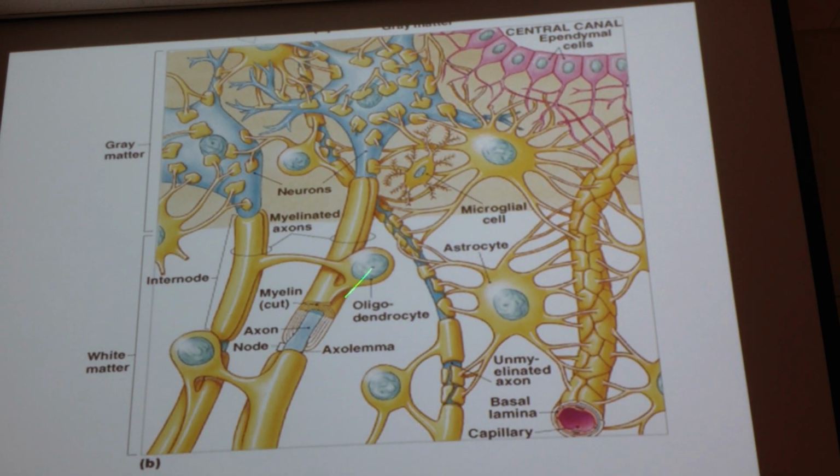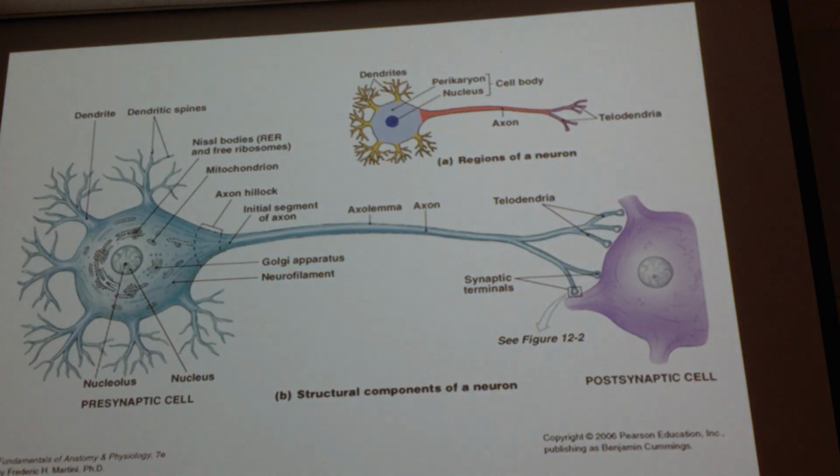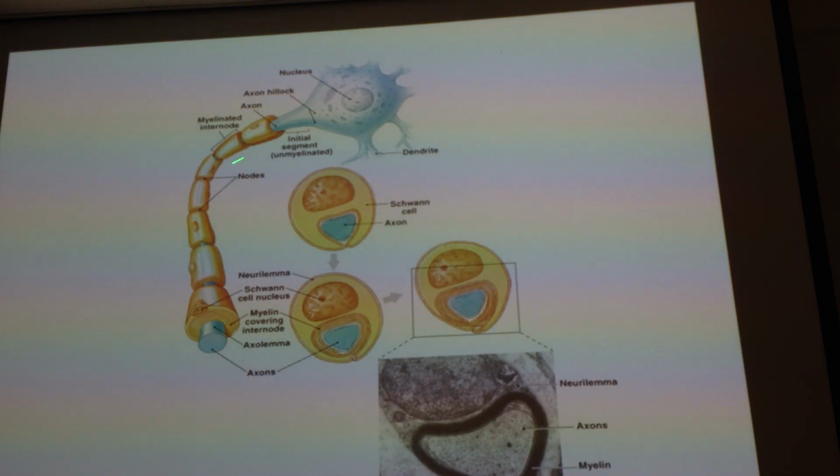The difference between the oligodendrocyte and the Schwann cell that we see in a typical neuron found in the spinal nerve is that here we have the Schwann cell, the entire cell wrapping around the nerve fiber. So here's the nerve fiber, and the Schwann cell starts to wrap around it, and it continues to wrap around with the nucleus being external.